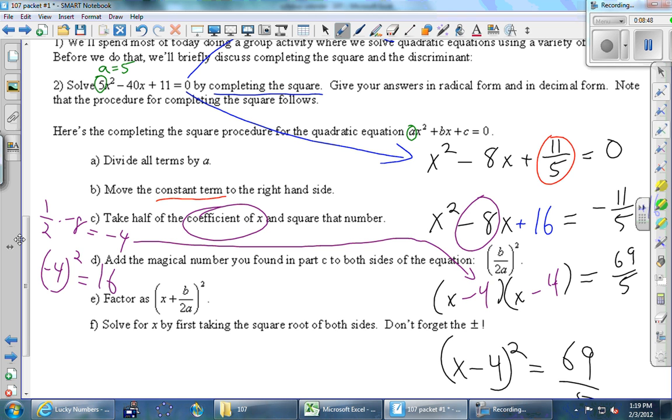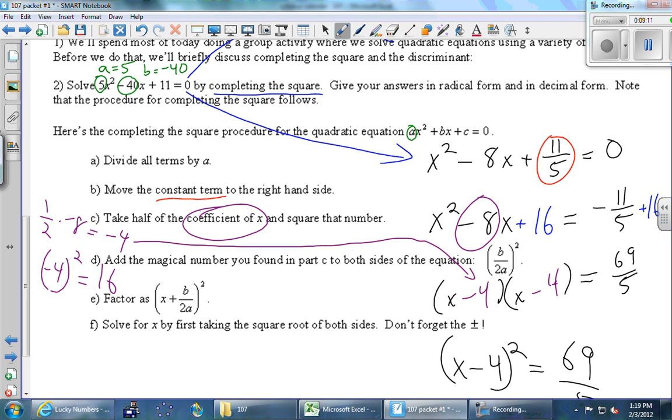You can grab all these letters here in the beginning. So b is -40. And according to this formula, you take b and you divide it by twice a. How much is twice a? It's 10. We take -40 and divide it by 10, we get -4. The same magical -4 Sarah pointed to, which ended up going in these parentheses.